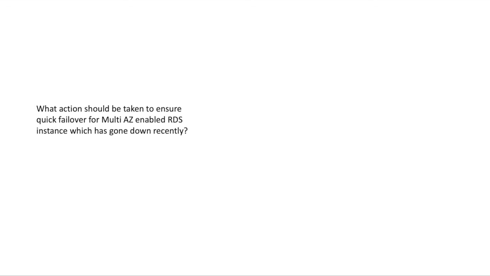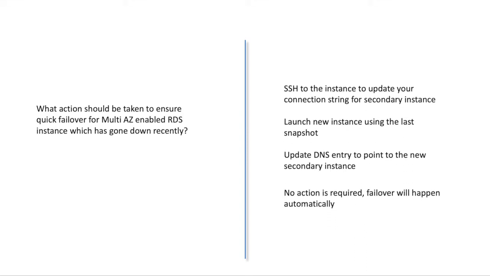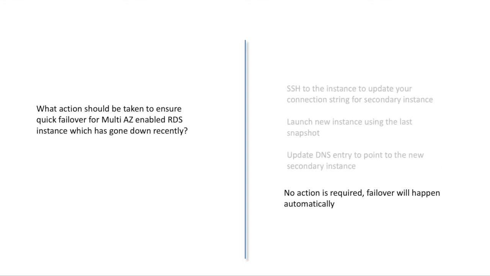Your RDS instance already has multiple availability zones configured for failover. Now the instance has gone down. What will you do? As I mentioned, you do not need to take any action. Amazon will take action on its own. Failover will happen automatically. So the correct answer is no action is required.